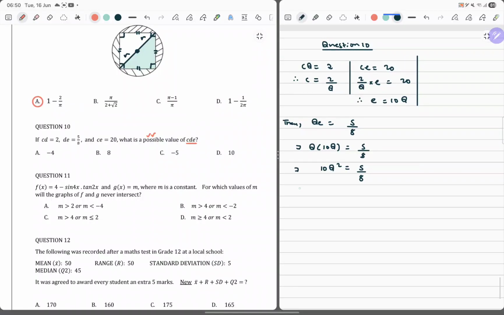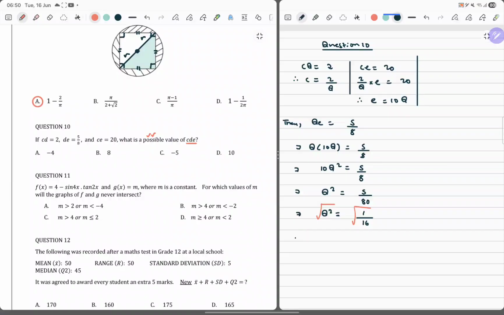So easy to write things incorrectly, folks. Always stay alert. So this implies that D squared is going to be 5 over 8 times 10, that's 80. Now if we simplify this further, D squared is going to be 5 goes once and goes 16 times, right? Please know the things, folks, and then we take the square root.